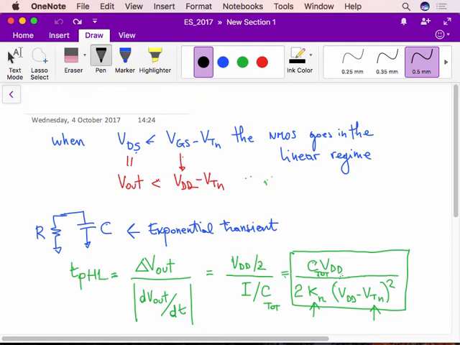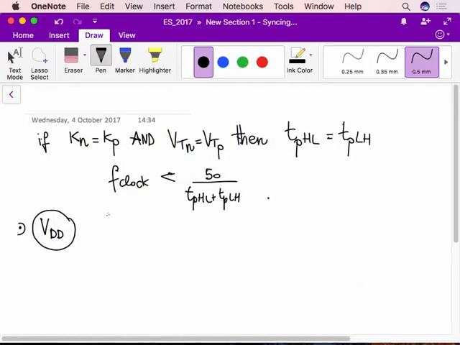Okay? So, this is an important thing to understand. Let's indicate the qualitative dependence in this way.